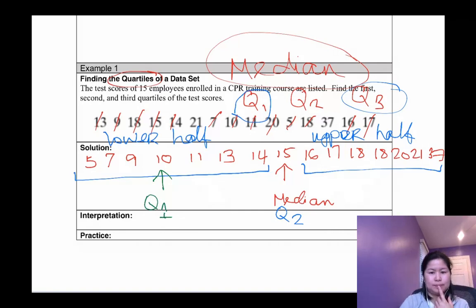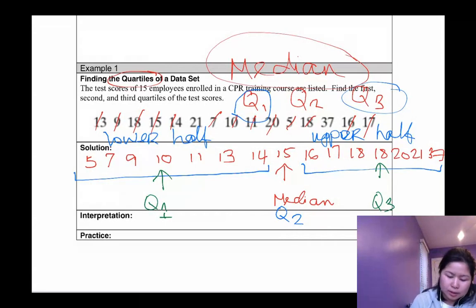All right, can someone guess what Q3 is then? 18. Okay, 18, which is the middle number right here, Q3. Perfect. So how do I know how to find the median? Again, we look for the middle number. There are 3 on each side, so the 10 is the middle number.